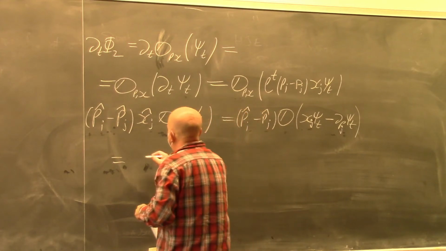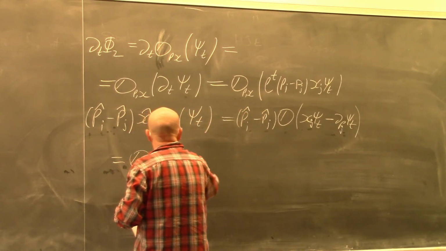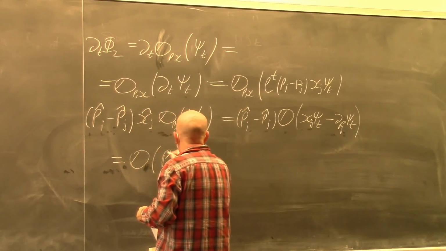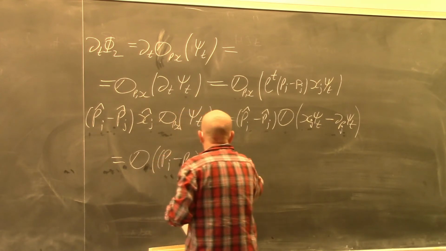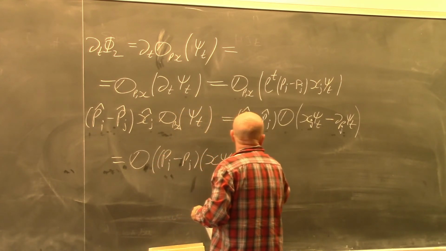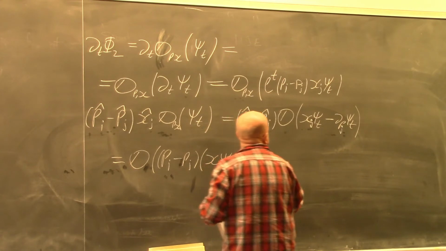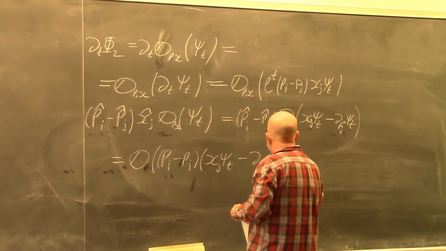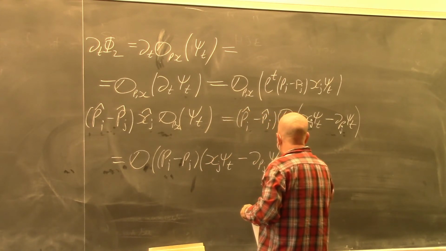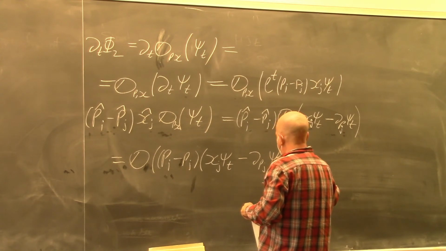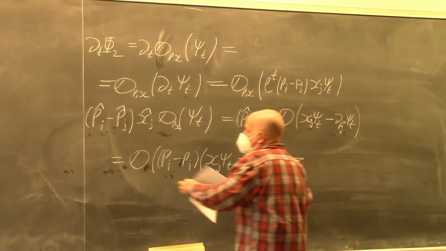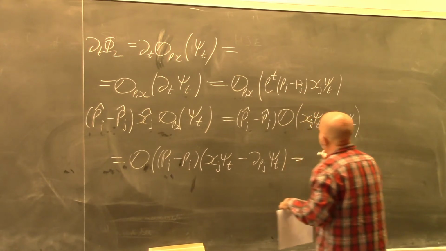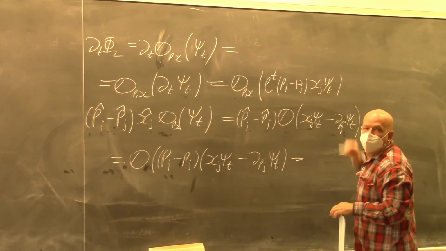So this is O of pi minus pj times x psi t minus xj psi t minus the derivative with respect to pj of psi t. And this can be computed explicitly, and you just get that it's equal to that.